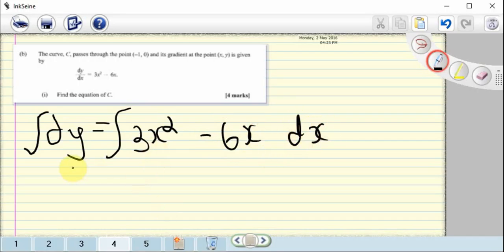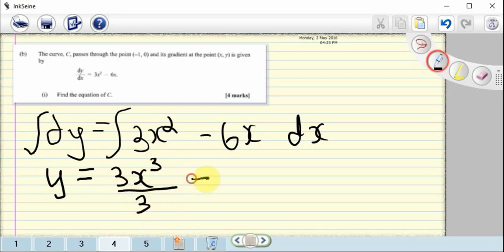So let us integrate. y is equal to 3x cubed upon 3 minus 6x squared by 2. Don't forget to add your c.